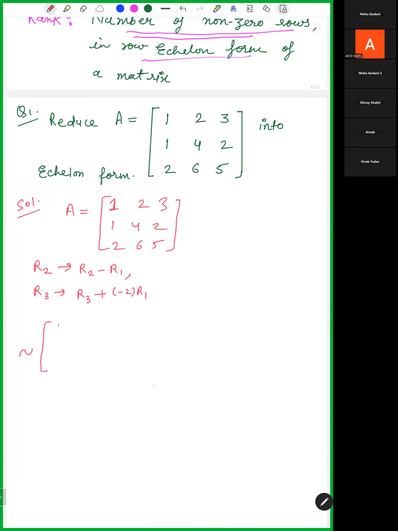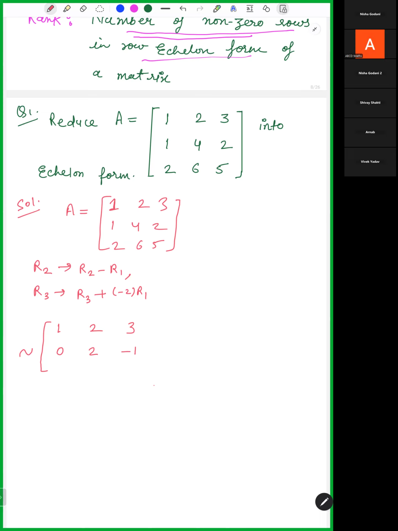The first row will be as it is: 1, 2, 3. Can you tell me what will be the entries in the second row when you apply this operation of R2 minus R1? What will you get? Yes, 0, 2, minus 1. Good. What about R3?